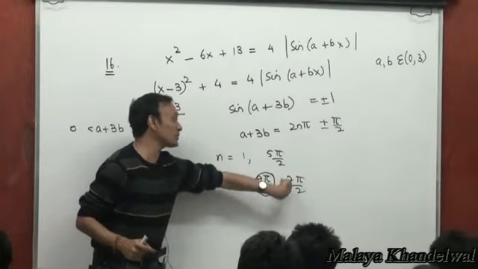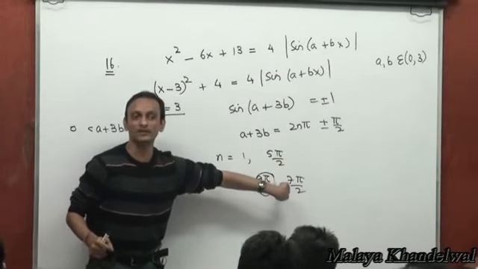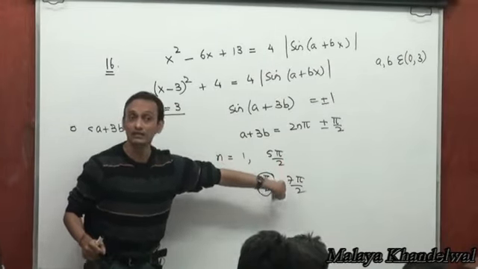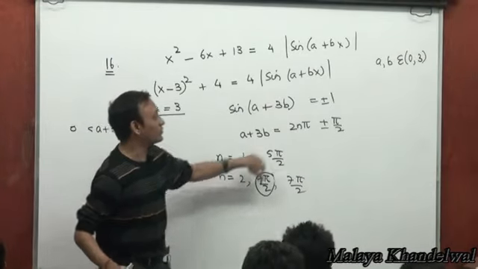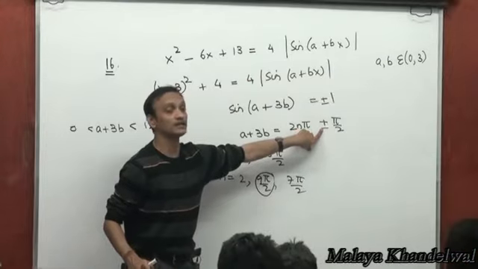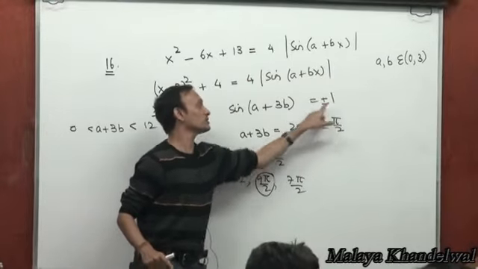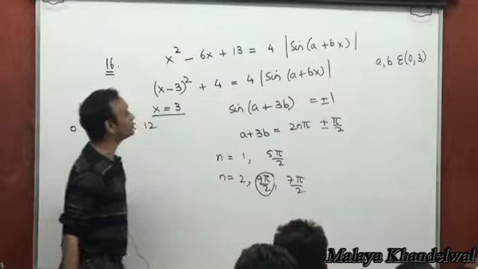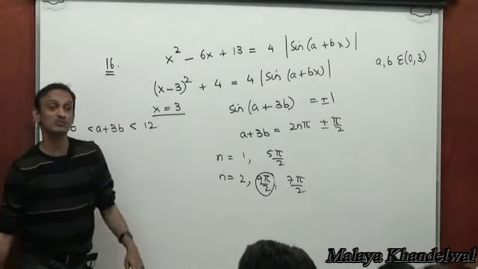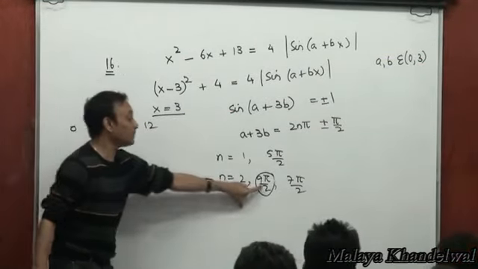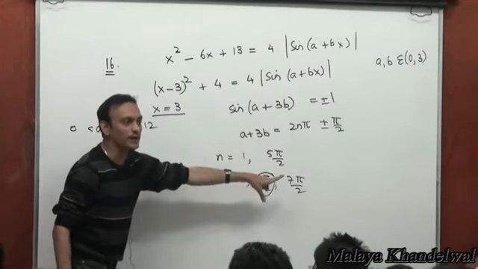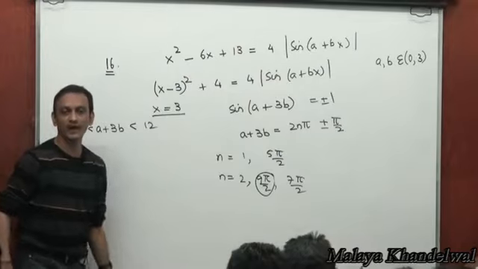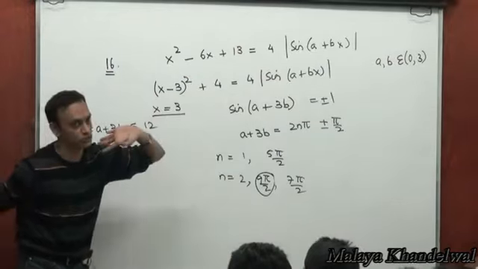So that means the largest value would be 7 pi by 2. That will happen when you take n equal to 2 and you take the minus sign here. 4 pi minus pi by 2, 7 pi by 2. That's the maximum value of a plus 3b, because that's less than 12. 9 pi by 2 would be greater than 12. Clear? 7 pi by 2 is therefore the greatest value of a plus 3b given the limitations.